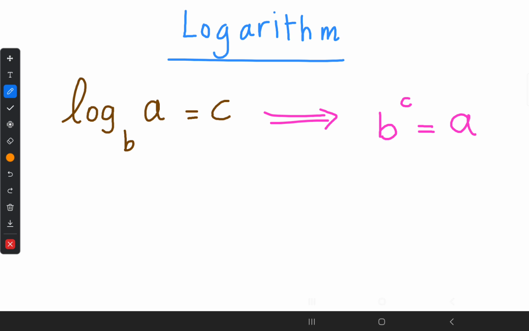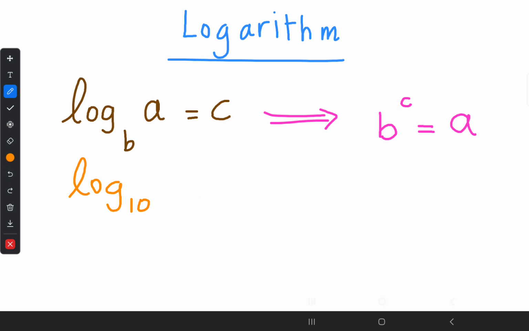Then one more important thing in logarithmic notation: when you have log base 10, not for other bases, instead of writing it like this, you can denote it as lg.